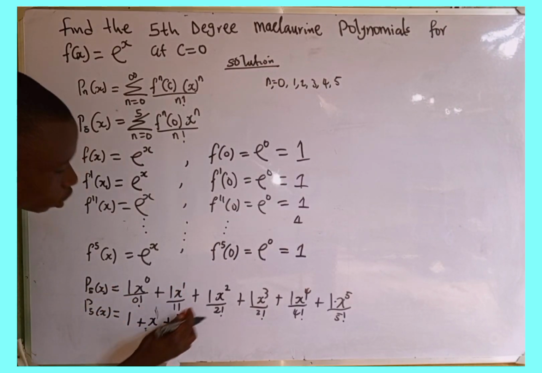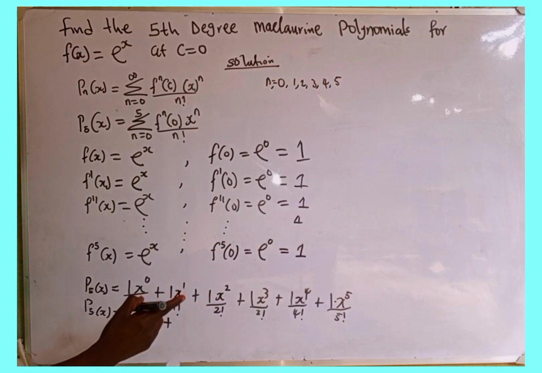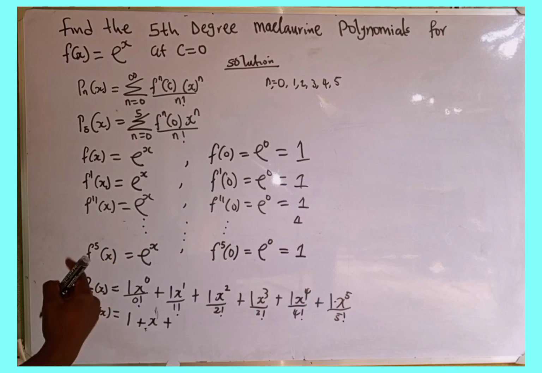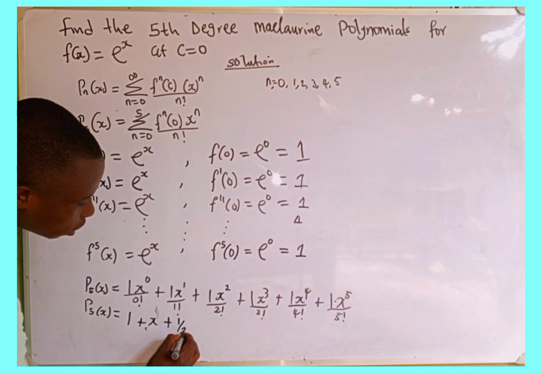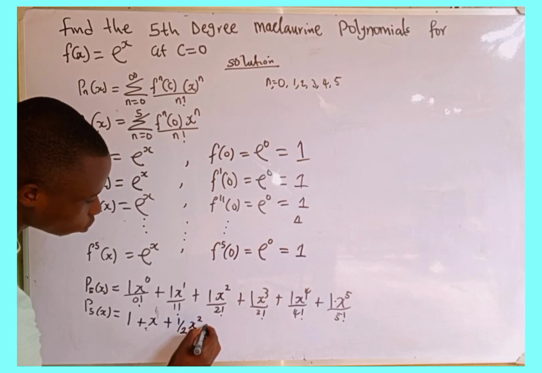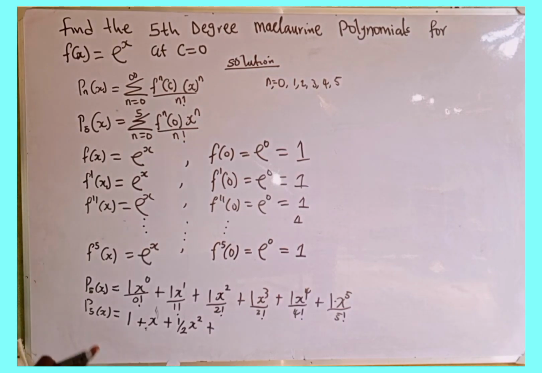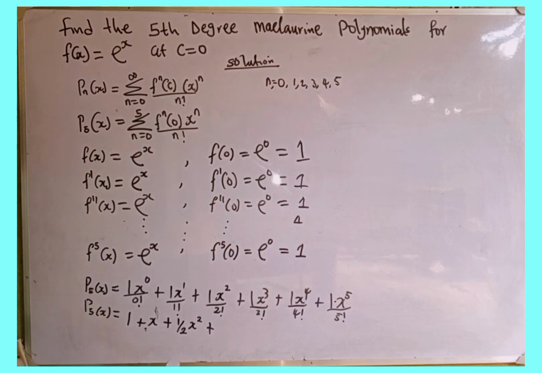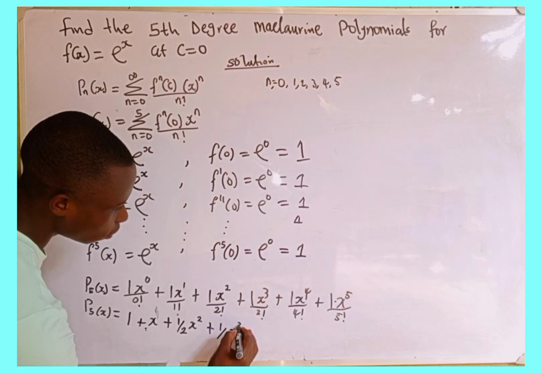Then plus 1 multiplied by x to the power of 2, which is x squared. Then 2 factorial implies 2 multiplied by 1, which is 2. So in this place, we are going to have 1 over 2 x to the power of 2. Then plus 1 over 3 factorial, which is 3 multiplied by 2 multiplied by 1, giving us 1 over 6 x to the power of 3.